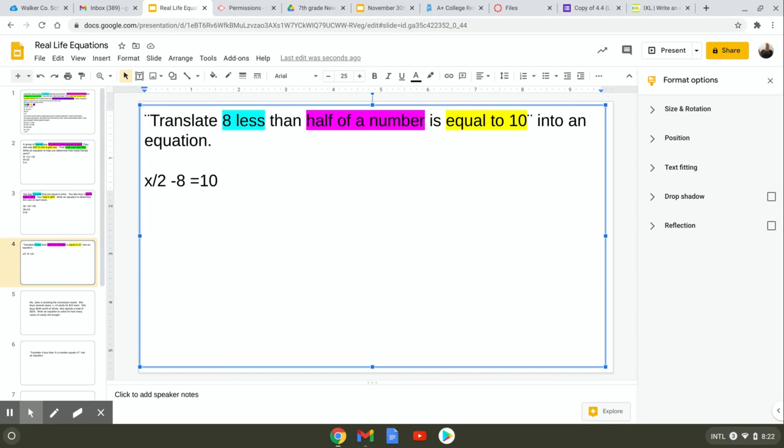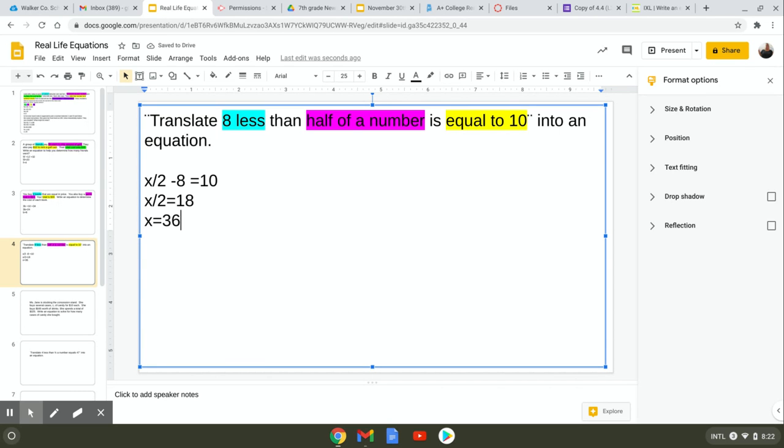So the first thing we would do is add 8 to both sides, and that would give us x over 2 is equal to 18. Then we know that right now x is being divided by 2, so we would need to multiply both sides by 2. And that would leave us with x is equal to 36.